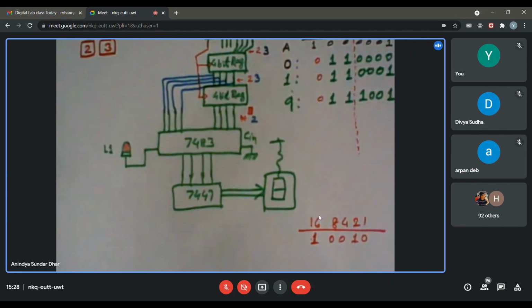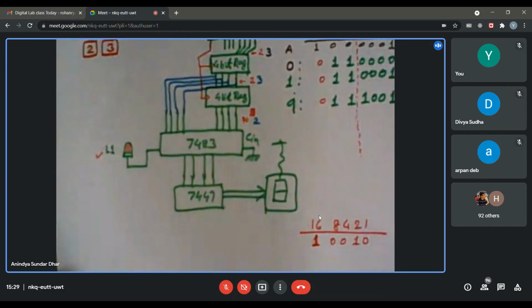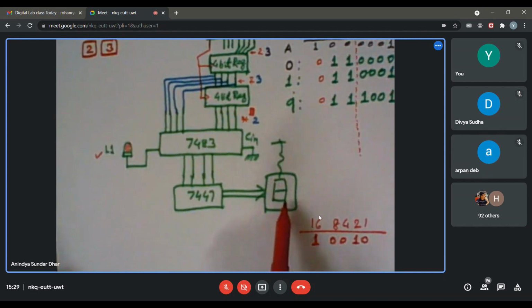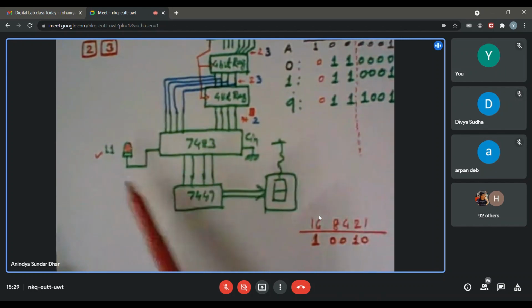So whatever I was telling, if you are having something like a 1 at the position of this carry out, then you will find that this lamp will light up and the output should be 0010, which is 2. So you will get a display of 2 over here. That will say that this is 16 plus 2, so you will get an 18.